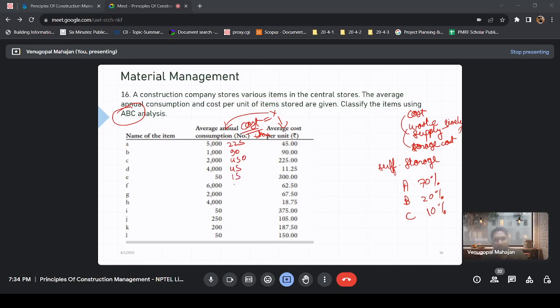Then 375. 75. 187.5. 262.5. 37.5. 7.5. Yes, 150 into 50, that's 1500 into 5, 7500.